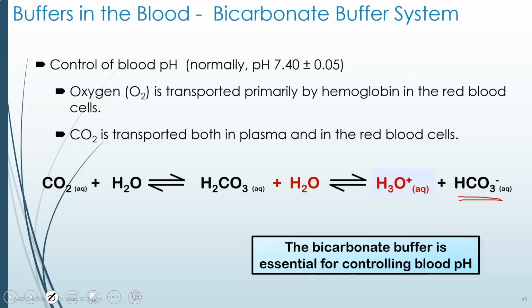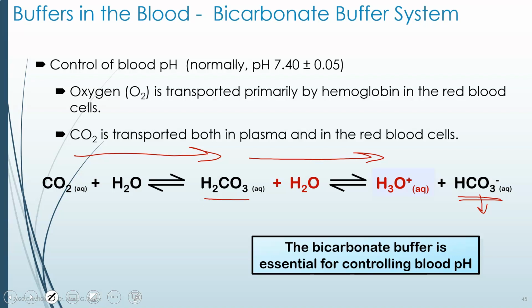So your brain can turn on mechanisms that allow the kidney to excrete excess amounts of bicarbonate, which will help draw this reaction further to make more bicarbonate, which will help make more CO2 be absorbed into your blood and become more of this acid. So that's another way you can compensate for it.